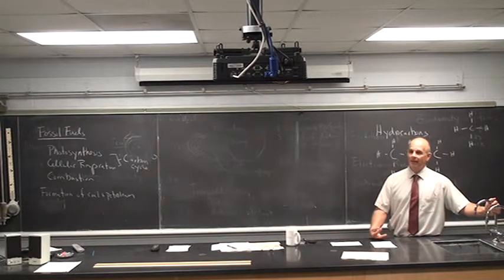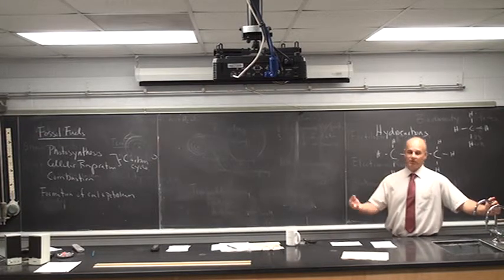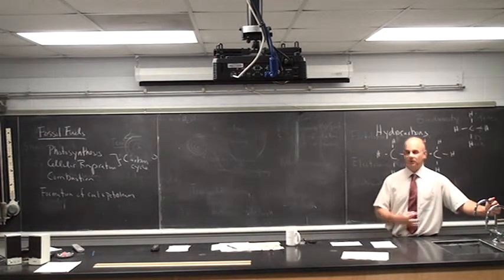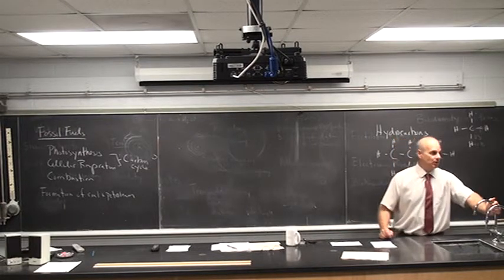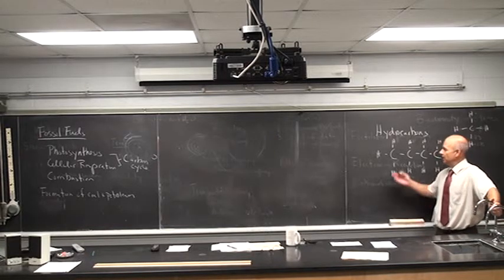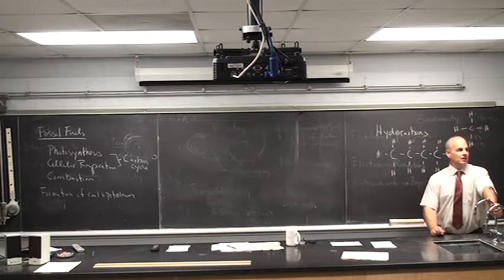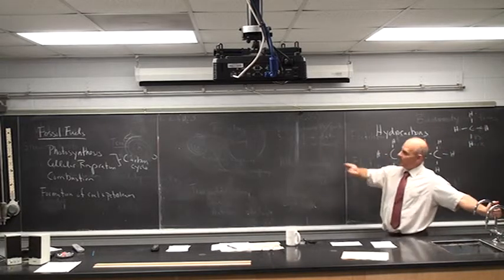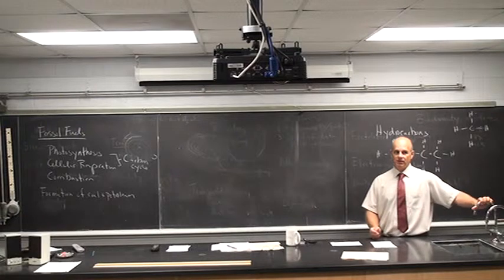We won't probably have time for it today, but next time we'll get into how much fossil fuels we're using, how much coal is there in the world, how much petroleum is there in the world, who's producing it, who's using it. But I want to give you a general sense of the chemistry behind these fossil fuels, and that it's really related to that very first process that I have listed up there, which is photosynthesis.